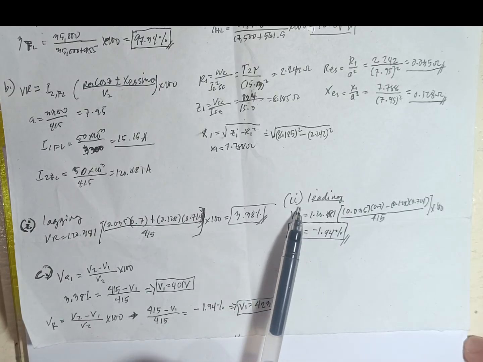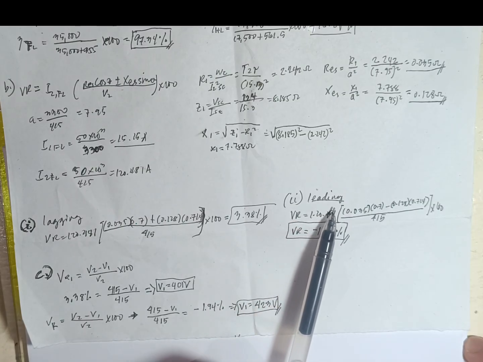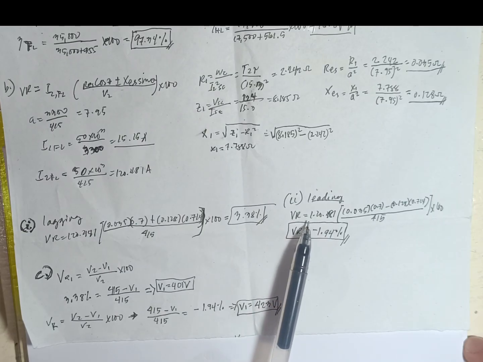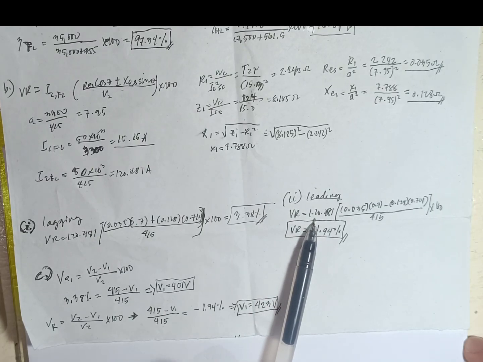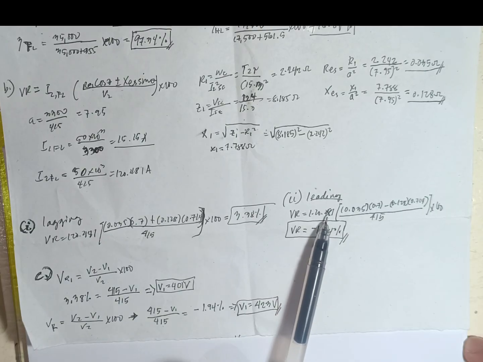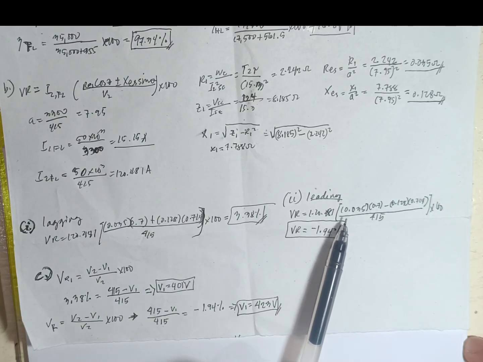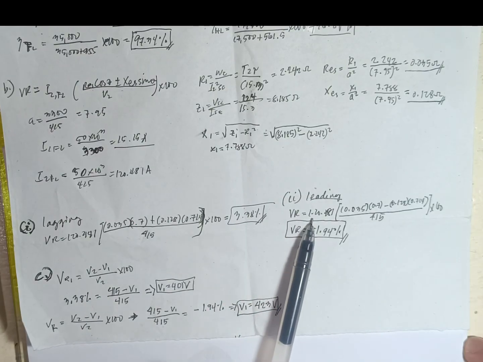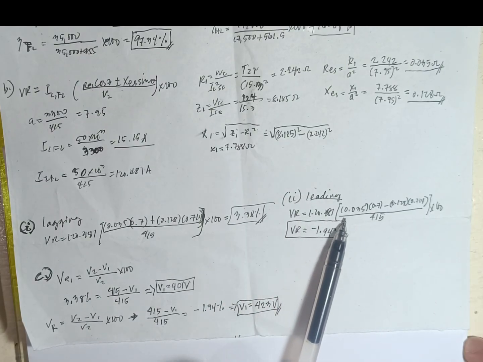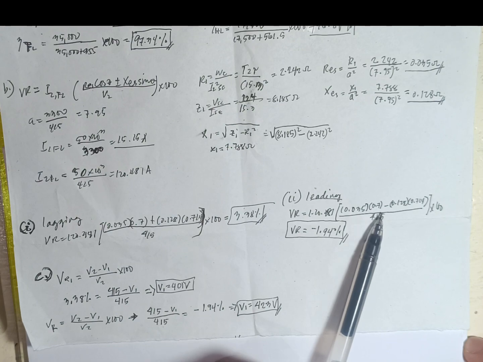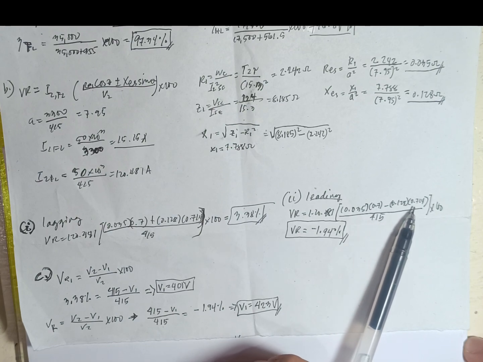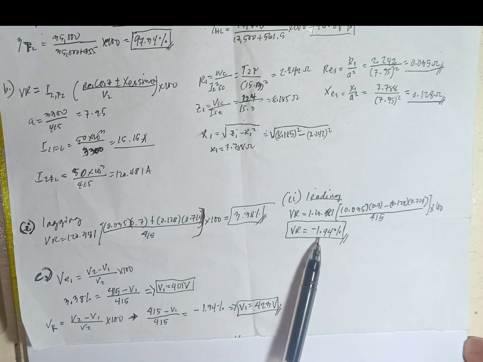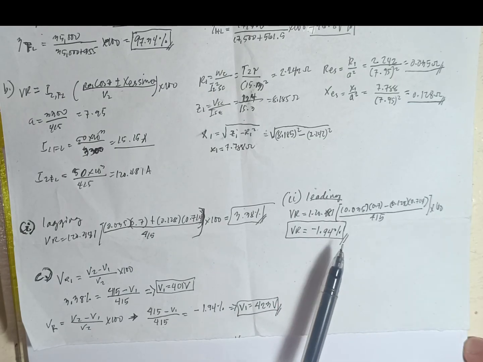And in the second condition, where it is leading, the voltage regulation is equal to 120.481 times 0.035 times 0.7 minus 0.128 times 0.714, over 415, times 100, which is equal to negative 1.94%.